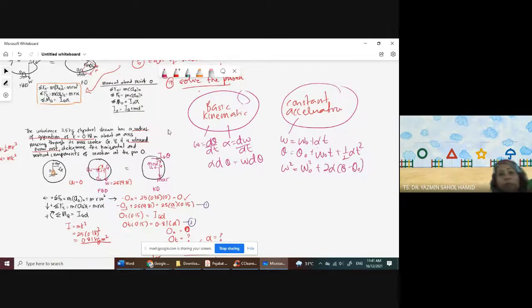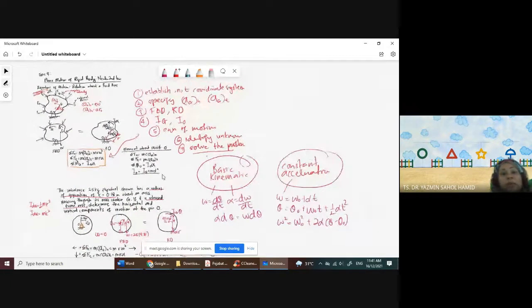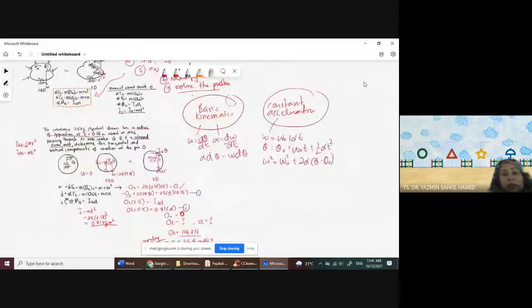In this type of questions, maybe sometimes ada question yang not as straightforward as this, but you maybe need to use gabungan lah, basic kinematic and constant acceleration.